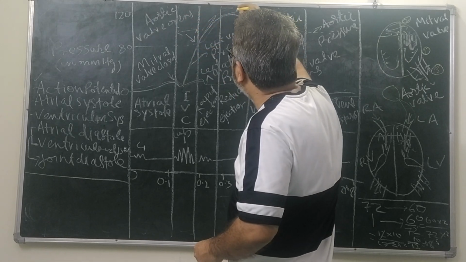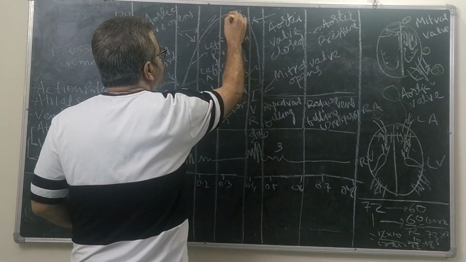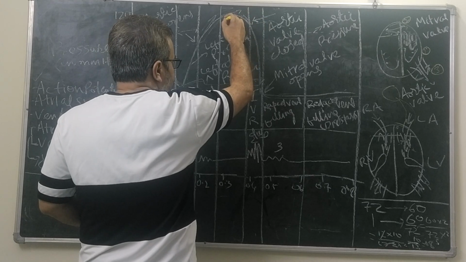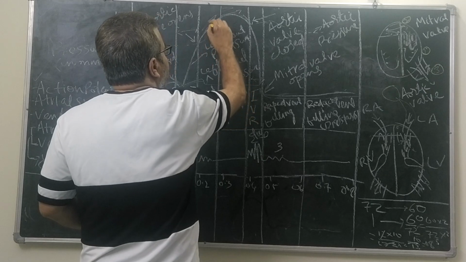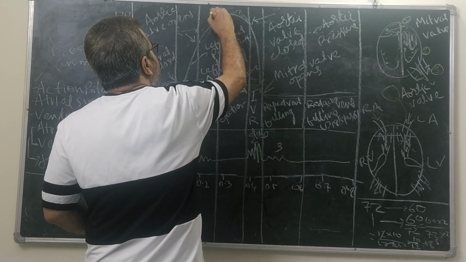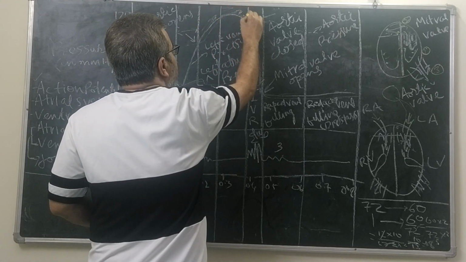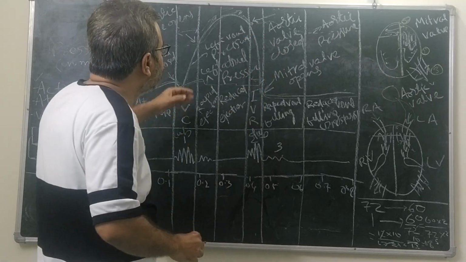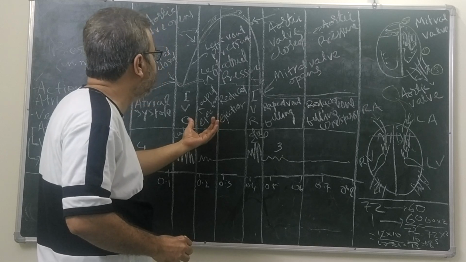Now we can come to the point where the ventricular pressure curve is steeper than this slope and this slope. So this is steeper than any other slope of the ventricular pressure, and it is the rapid ejection period.